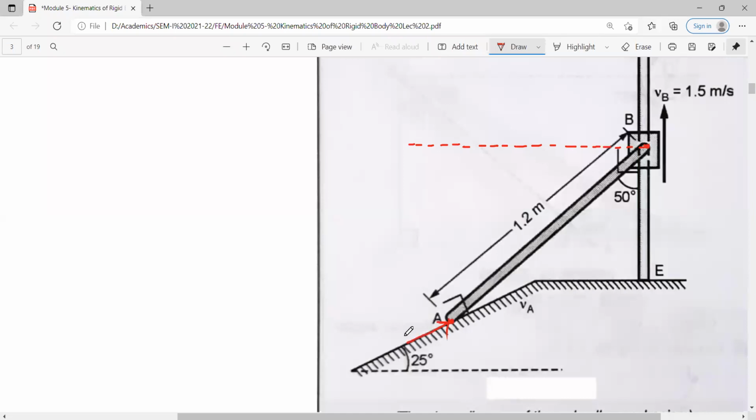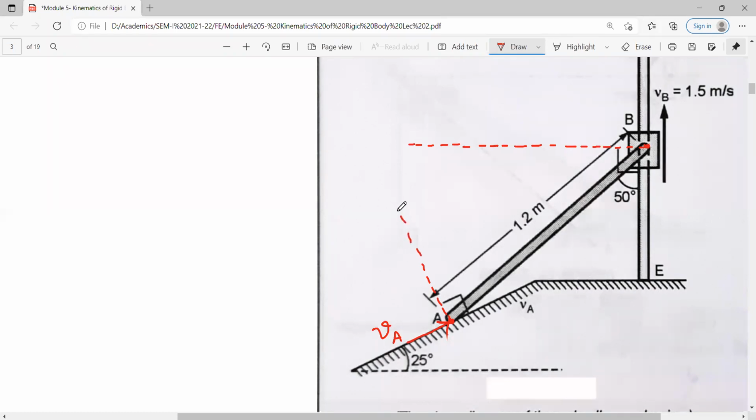In order to find the radius of point A, it must be perpendicular to the moving direction of point A. So I will draw another line perpendicular to the velocity of point A from point A.